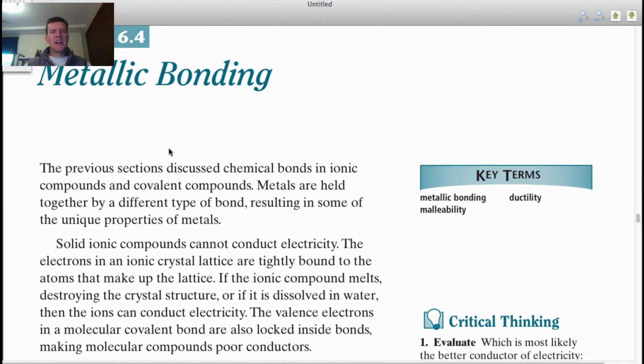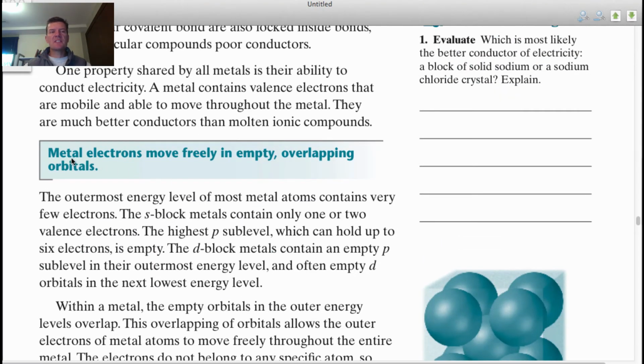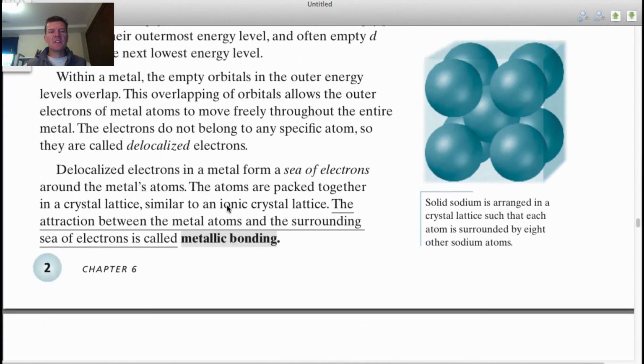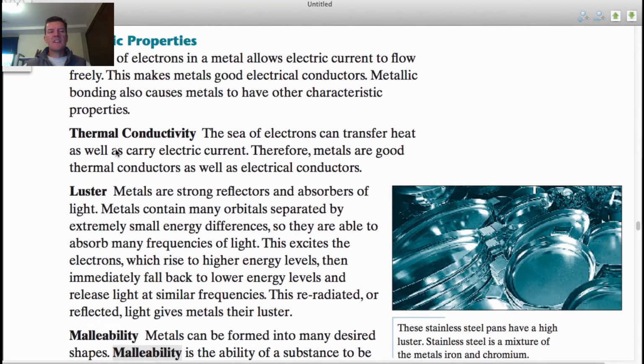Okay, metallic bonding. All I want you to understand about metallic bonding is that in metals, the electrons can move freely through the metal, and that's why they have some of these properties. And what can they do, therefore? They can conduct heat.